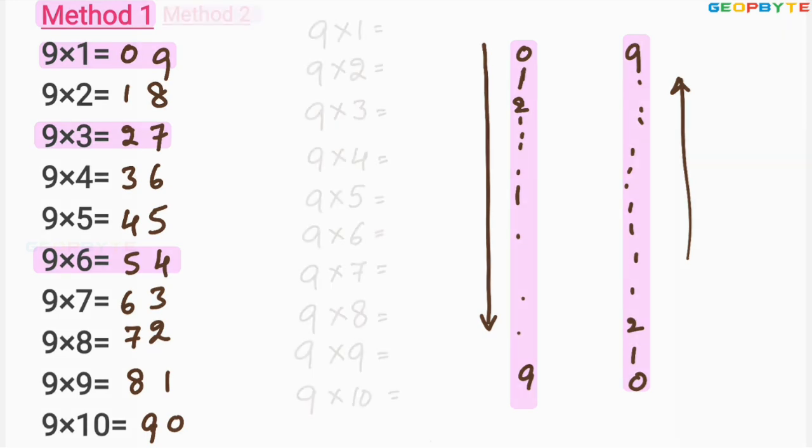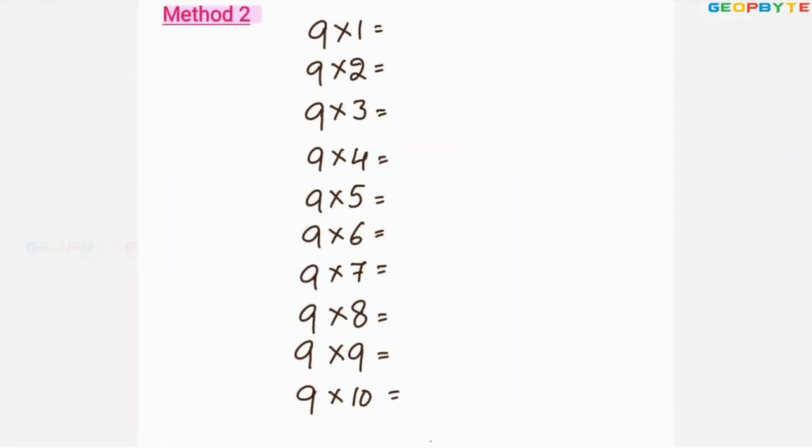The second method is like this. Here 9 into 1, 9 into 2, 9 into 3, 9 into 5, like this. In the first place 9 is multiplied with 1, in the second place with 2, then with digit 3.